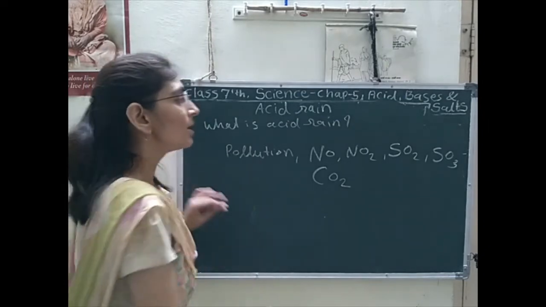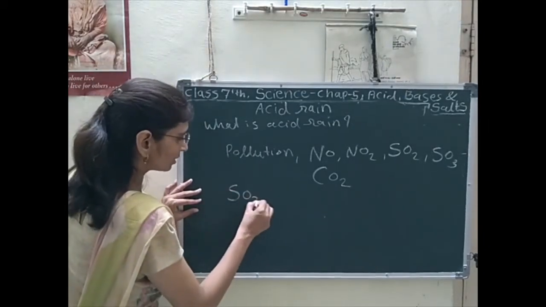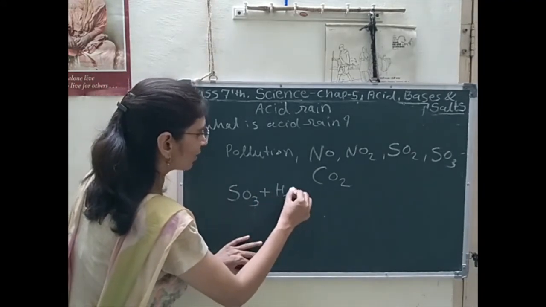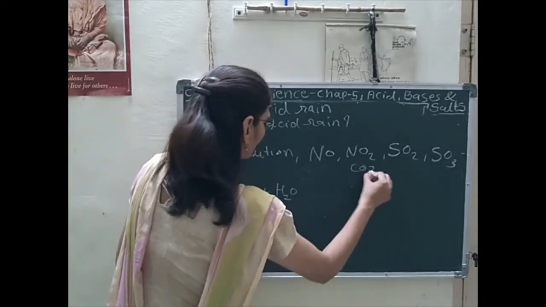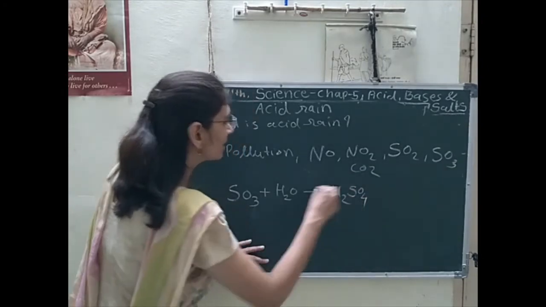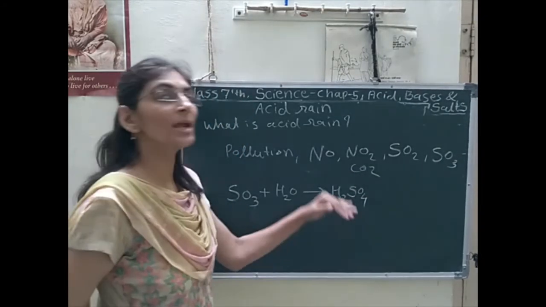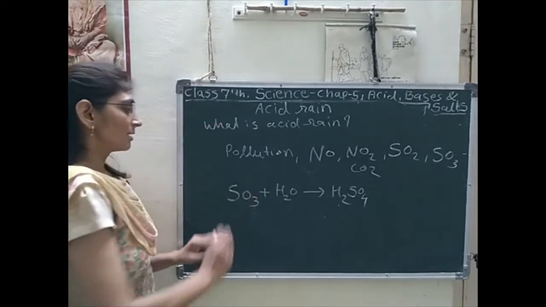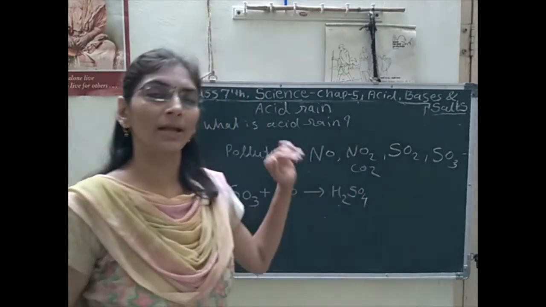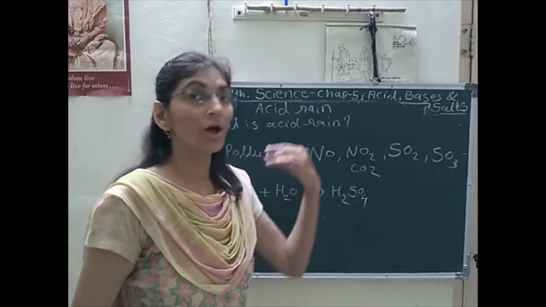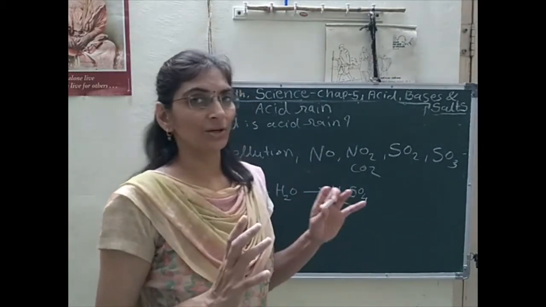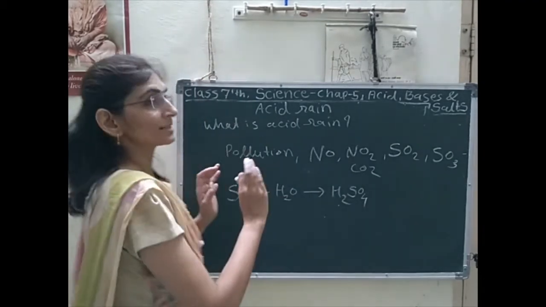Such as when SO3 gas is present in air and mixes with water, what do we get? Sulfuric acid, directly. This is the chemical formula of sulfuric acid. In this way all these gases mix with the rainwater and form different types of acid, the rainwater becomes acidic in nature, and thus we get acid rain.